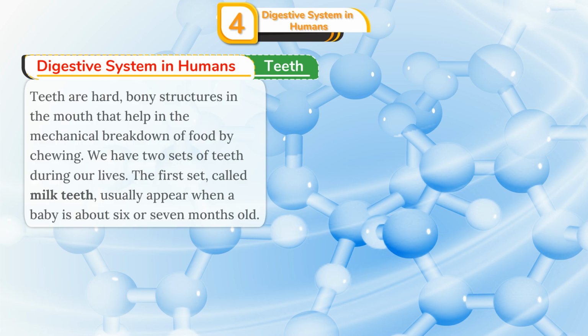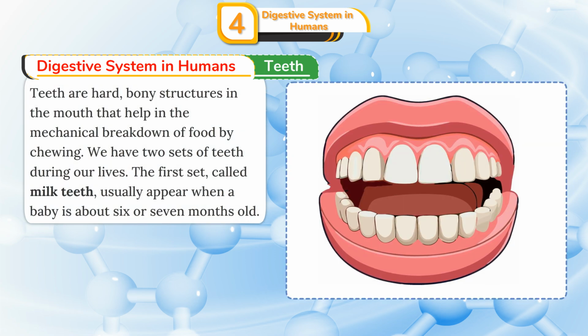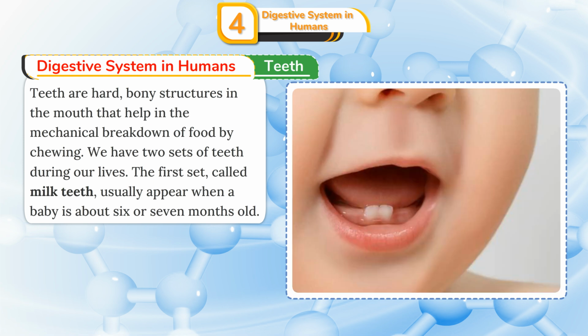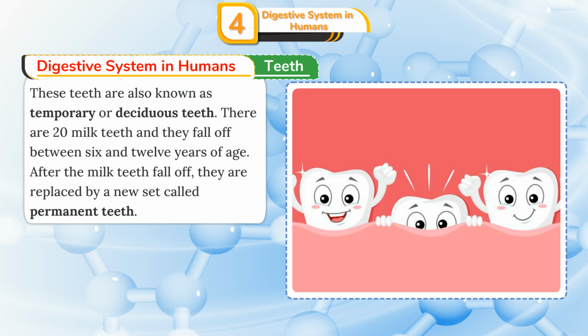Teeth. Teeth are hard, bony structures in the mouth that help in the mechanical breakdown of food. By chewing, we have two sets of teeth during our lives. The first set, called milk teeth, usually appear when a baby is about 6 or 7 months old. These teeth are also known as temporary or deciduous teeth.